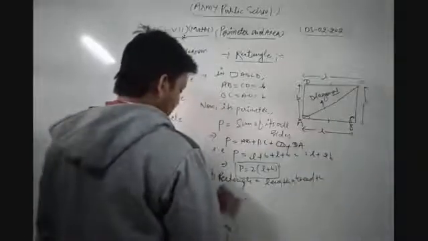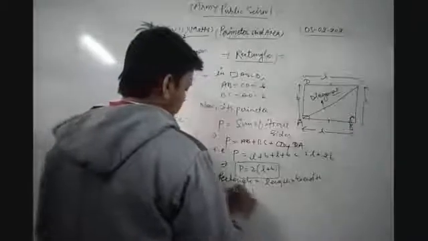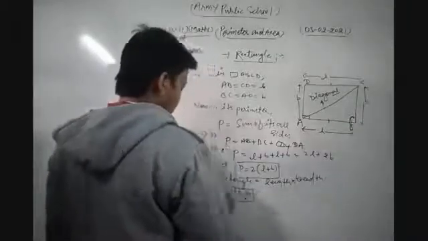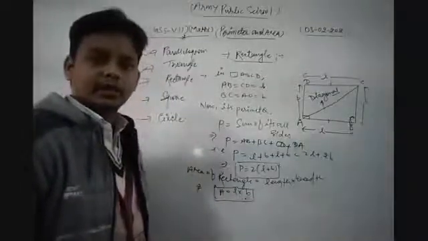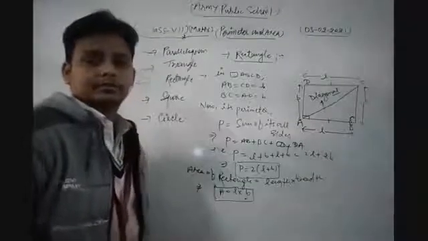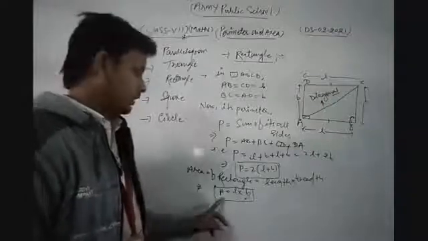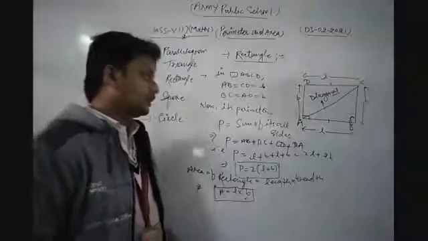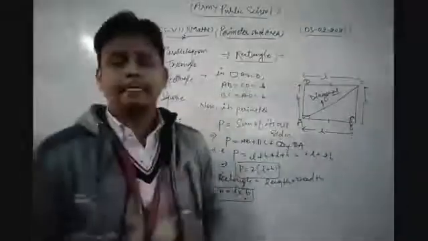So area A is equal to L into B. This is the formula of the area of a rectangle. Using that formula, you can solve each and every question of your NCERT exercise.